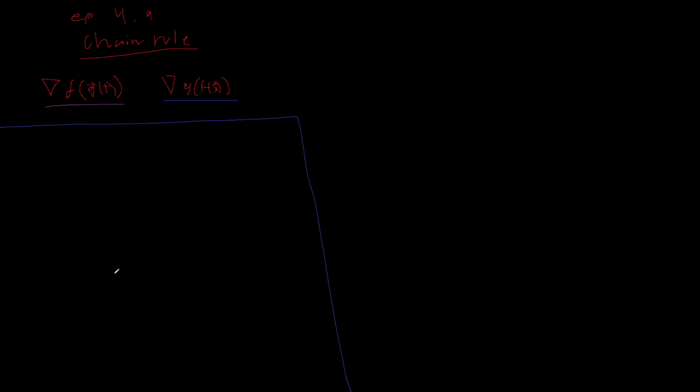In this case, what we can notice is that g is a function that takes one variable, so it's a function from R to R. And then f is a function from R^n to R. G only has one parameter.